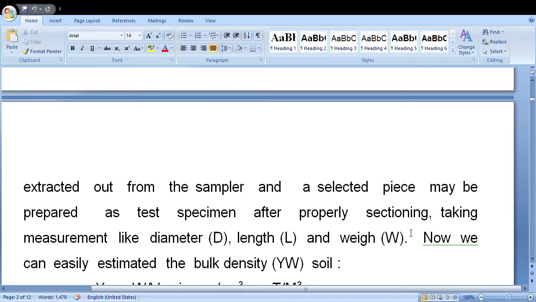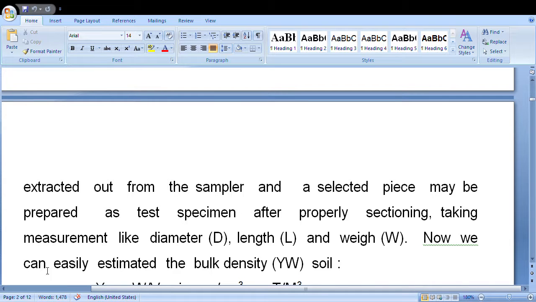We must be careful to prepare the test specimen. If the surface is not even, our entire purpose will become useless. So we should be very careful to prepare the test specimen, measuring the diameter, length and weight.